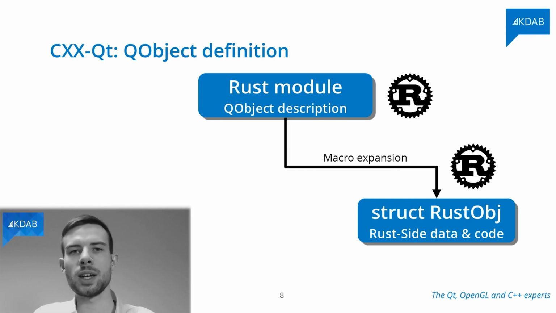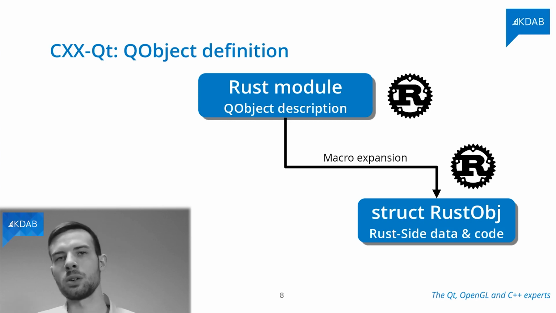This can create a struct called RustObject, which is the Rust representation of your QObject. And this can contain additional data that might only be available to Rust and might only be safe to use in Rust. It can also contain all the Rust code.